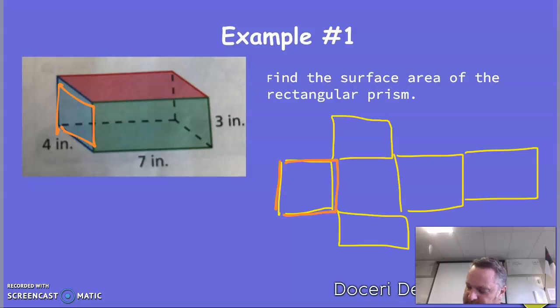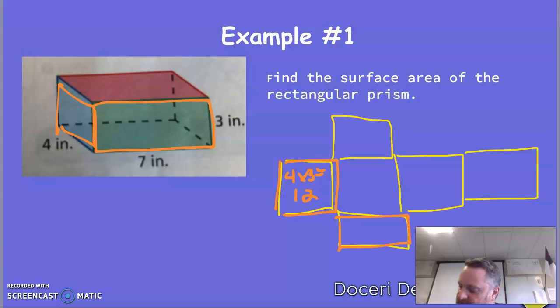The area, remember, is base times height. I can tell that this is 4 by 3. So 4 times 3, I know that this particular square is 12. If I move on, I'll go over to this right here, which is the same thing as this right here.